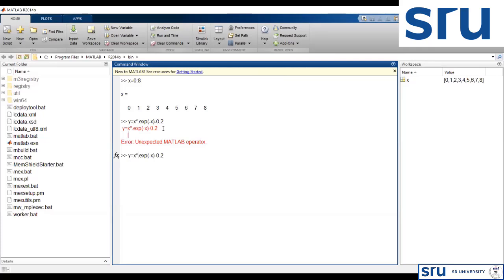Yes, the array operator. You know about the different types of mathematical operators. For a simple mathematical operator, the simple multiplication, division, or addition symbol is used. If you are using an array operator, then first the dot will be there, then the symbol, whether multiplication or division.